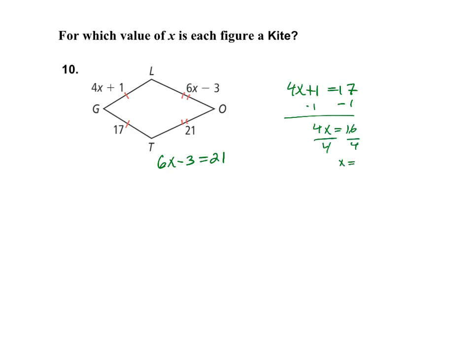So x equals 4, and plus 3 on both sides, 6x equals 24, divided by 6, so x equals 4. Again, for this quadrilateral to be a kite, TL has to be equal to GT, and LO has to equal TO.